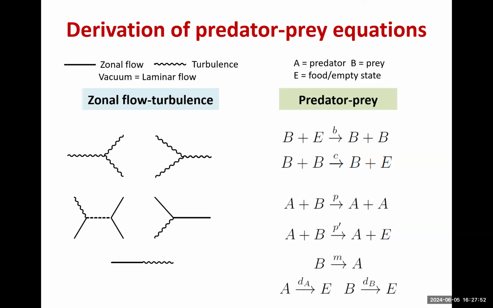This says the predator, which is the zonal flow, meets the prey, and with some probability kills the prey and then produces a baby predator. So I get A plus B goes to A plus A. That was exactly what we talked about in the first part of this lecture. So these diagrams represent a predator-prey model just by having these modes.